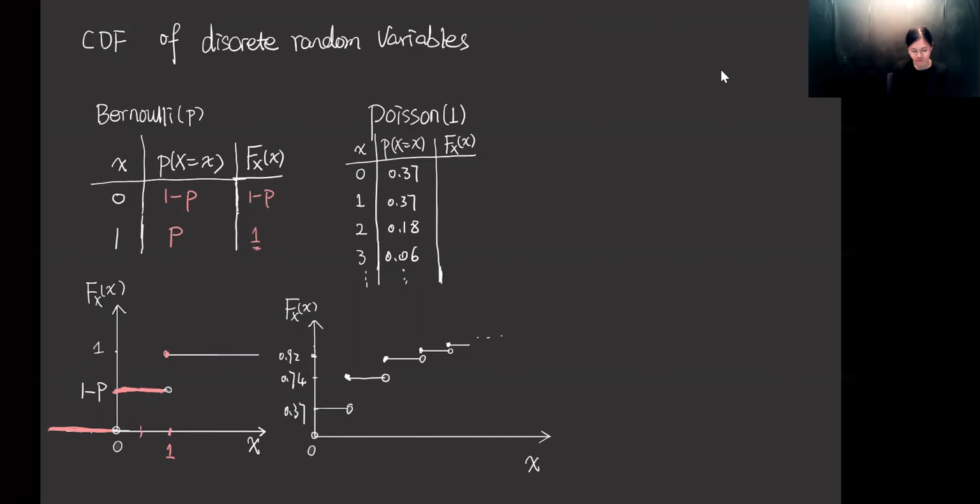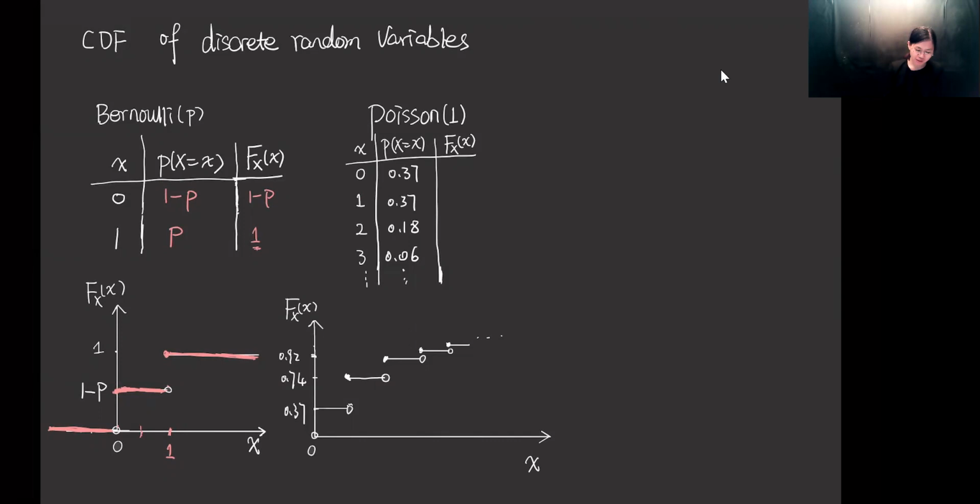And for the x values that are greater than 1, it's not possible for the CDF to grow any further, so the CDF will stay constant, stay flat. So the CDF for the Bernoulli random variable looks like steps. It's a step function with 2 jumps, 1 at each of the support points.